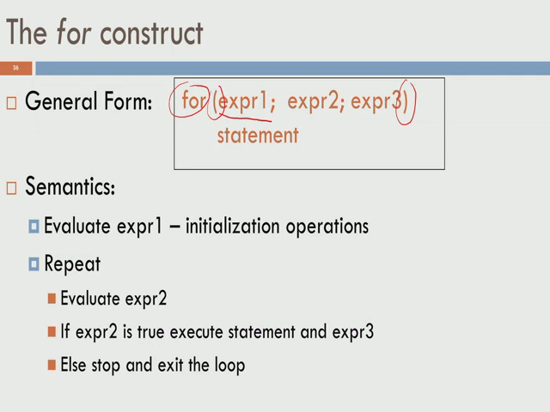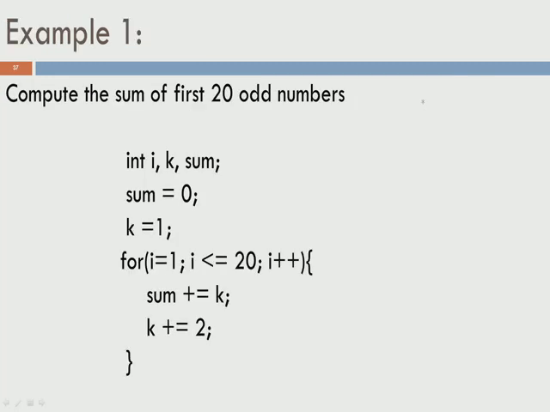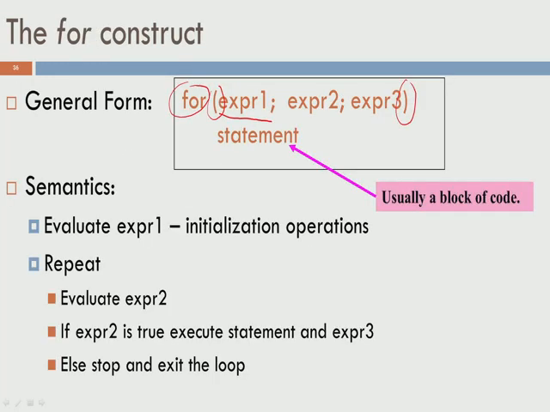If it is false, you exit the loop. Typically the statement that you have is a block of code, therefore usually you have to put this within braces, because that makes a code block.